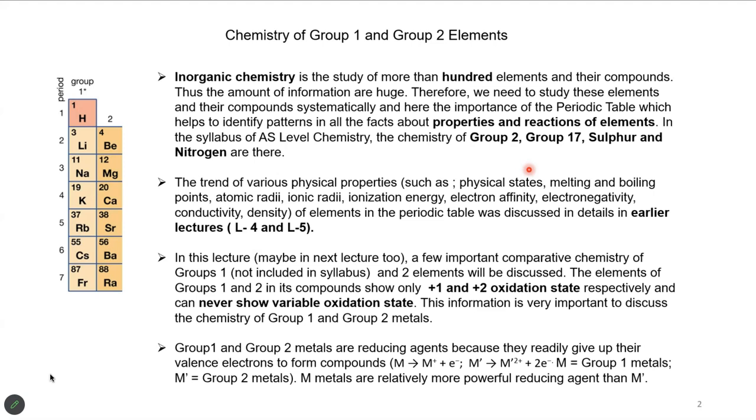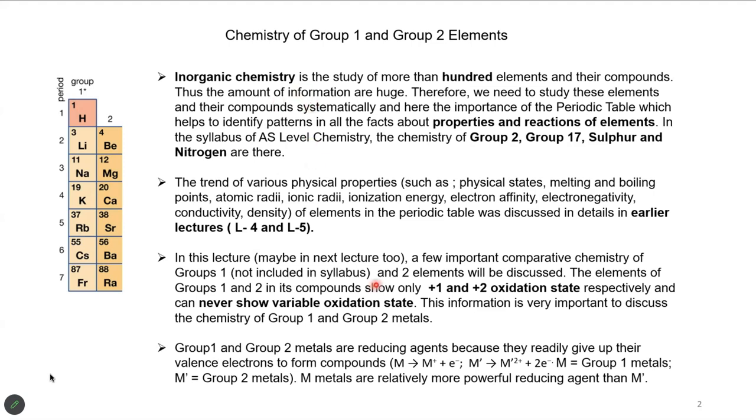Well, in AS level, the syllabus contains group 2, group 17, sulfur and nitrogen chemistry. Although we'll deal with carbon and related chemistry in organic chemistry when we start.